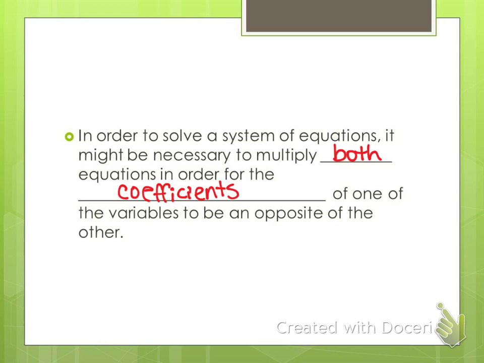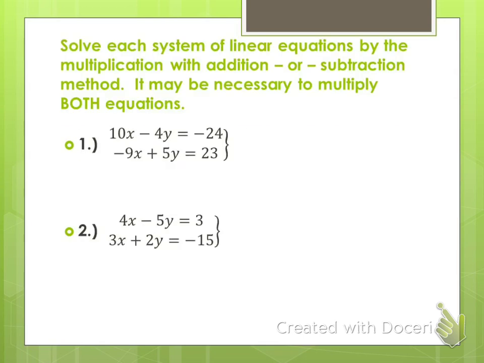So you might have to multiply both equations by different numbers in order to make your coefficients opposites on one of the variables. We get those blanks filled in? All right, let's practice this.